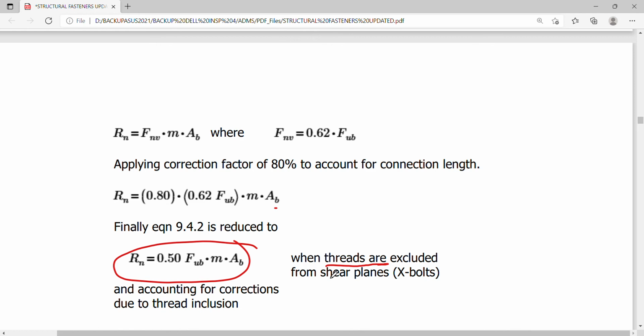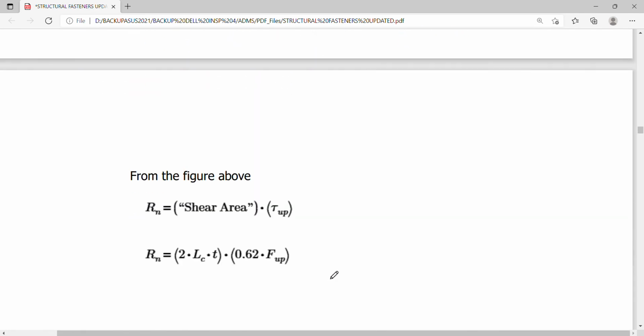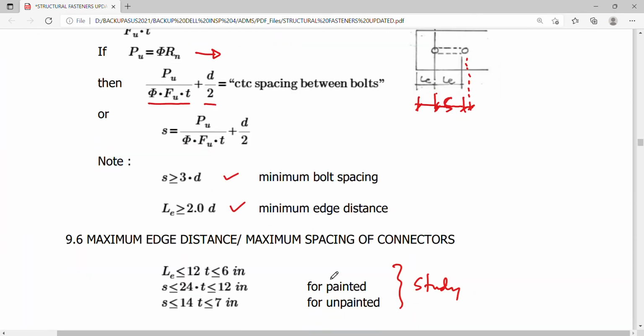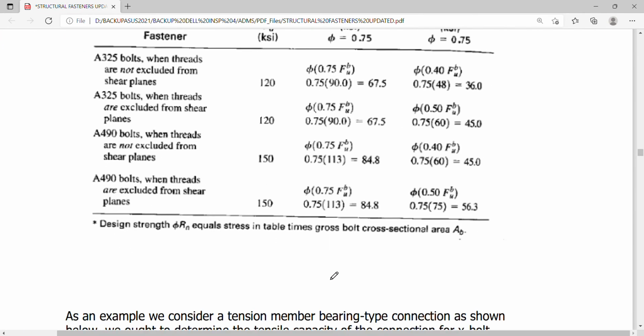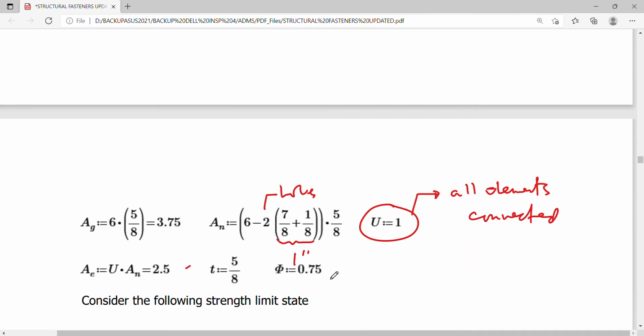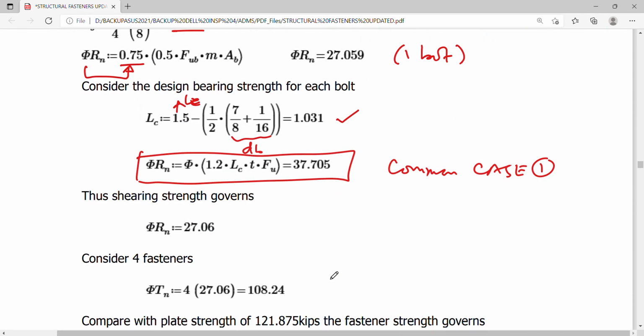The strength of the bolt is in terms of its effective area. Let's go back now to the shearing strength computation.